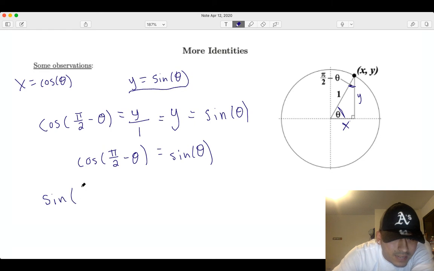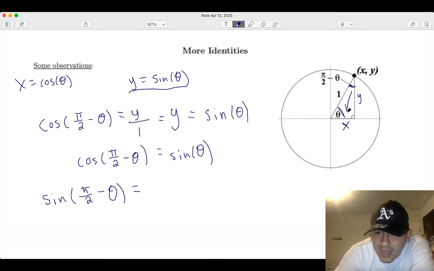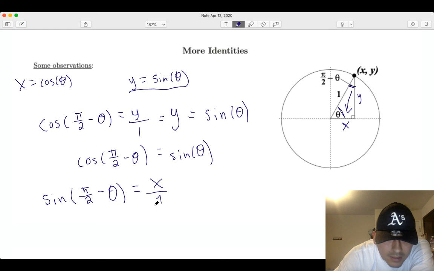Then if I do the exact same thing for sine, taking the sine of that top angle, the sine of pi over 2 minus theta is equal to opposite over hypotenuse. The leg opposite this top angle is x, divided by the hypotenuse, which has a value of 1, so that's just equal to x.